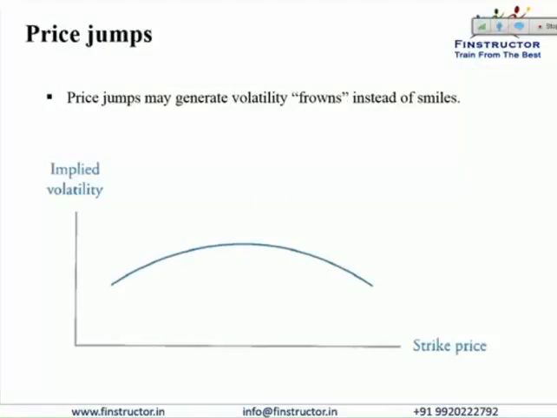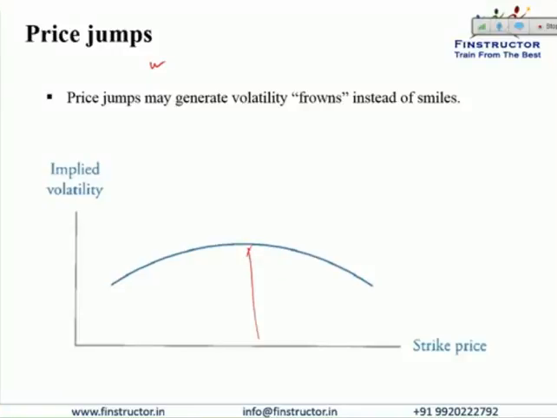Finally, we want to end with introducing the phenomena of price jumps. Many a times we've seen volatility frowns instead of smiles. This is relatively rare, but sometimes we've seen that the prices of at-the-money options have suddenly shot up.